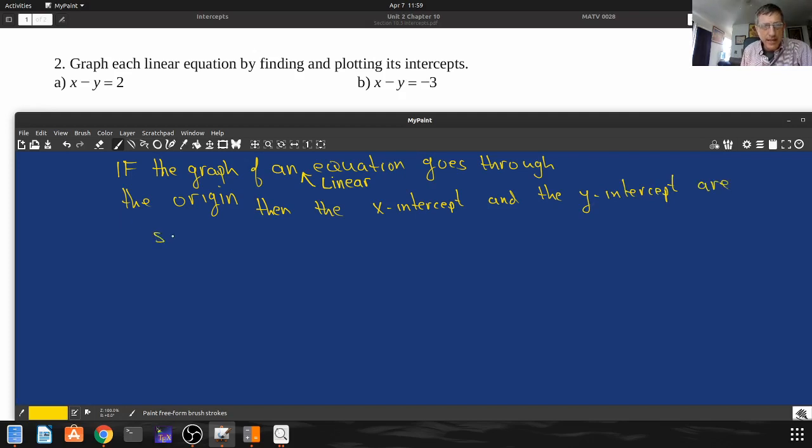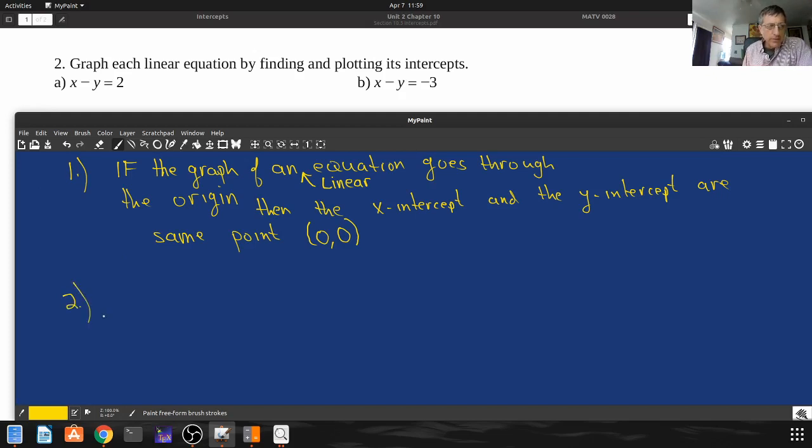And by the same, I mean they are the same point. And what is that point? It's the origin, which has coordinates 0, 0. So that's going to be important.